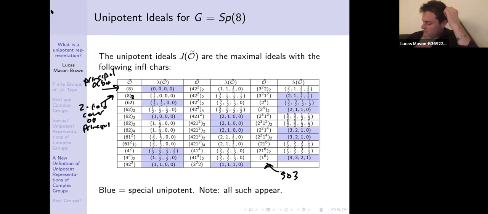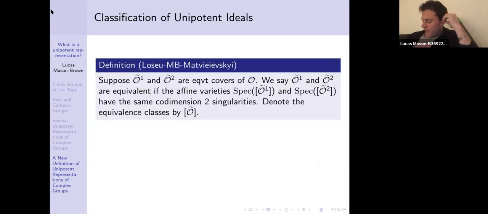You can see here attached to the minimal orbit is the infinitesimal character of the Joseph ideal. You can also see that some non-isomorphic covers give rise to the same unipotent ideal. You see that here, for example, and also here. And that's not an accident. We describe exactly when this happens.